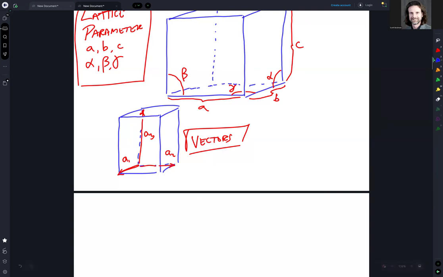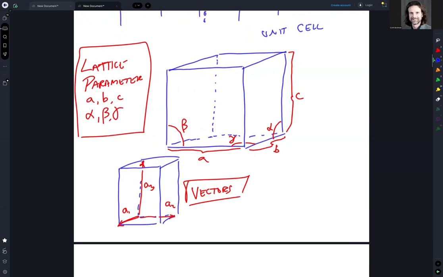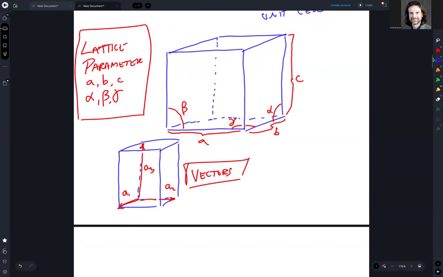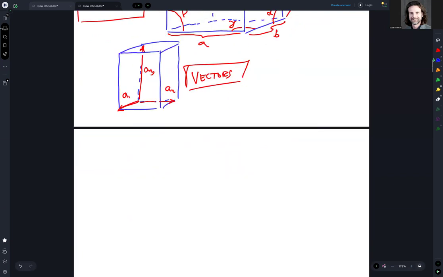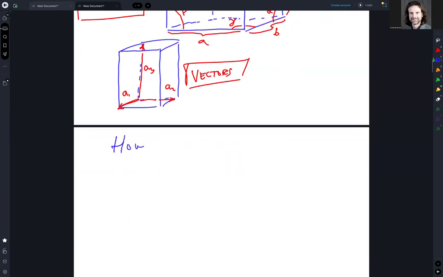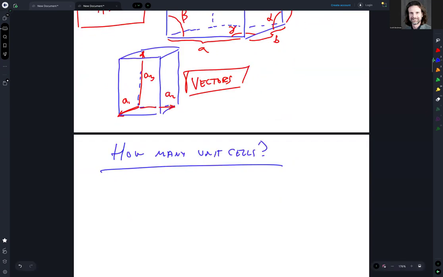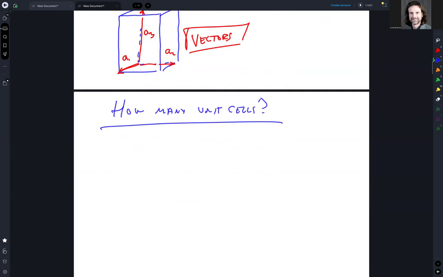So, how many ways can we make a unit cell? Well, the unit cells have to complete space and they have to span space, right? You can't have unit cells that stack together and leave little regions of volume that aren't defined.